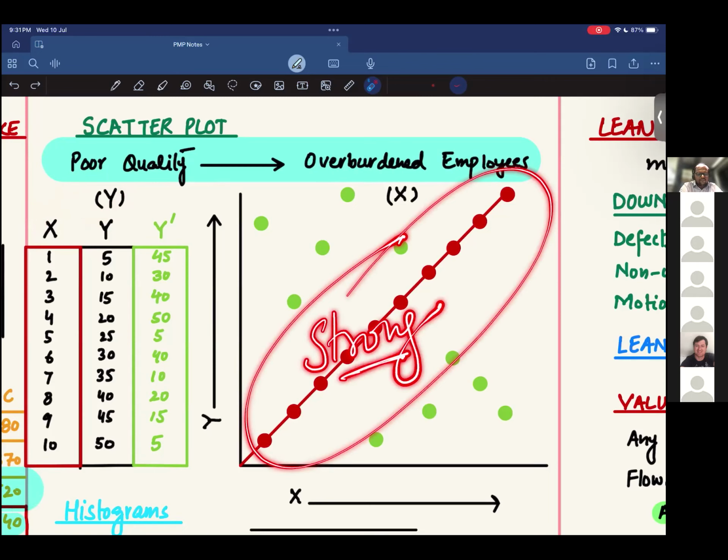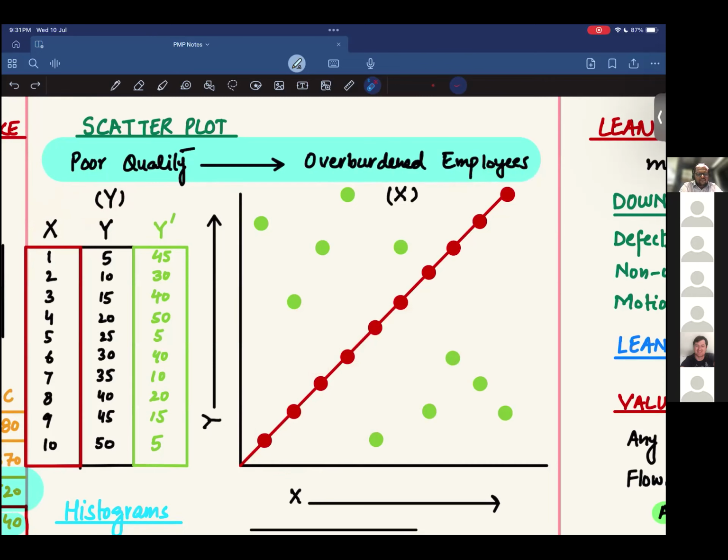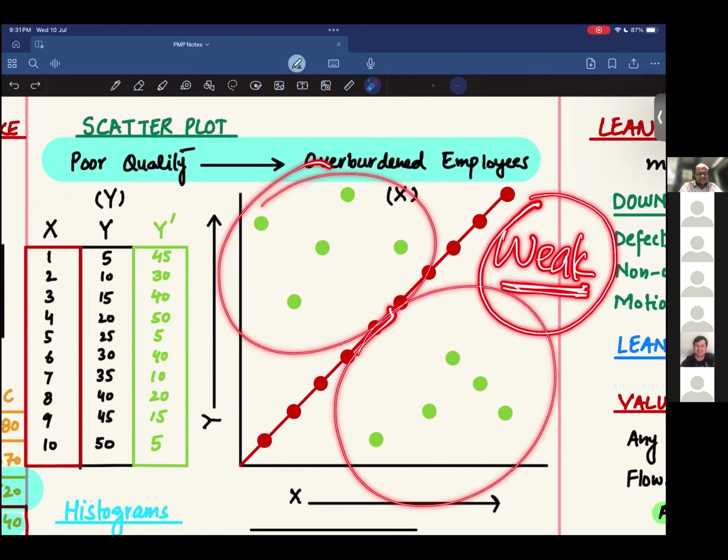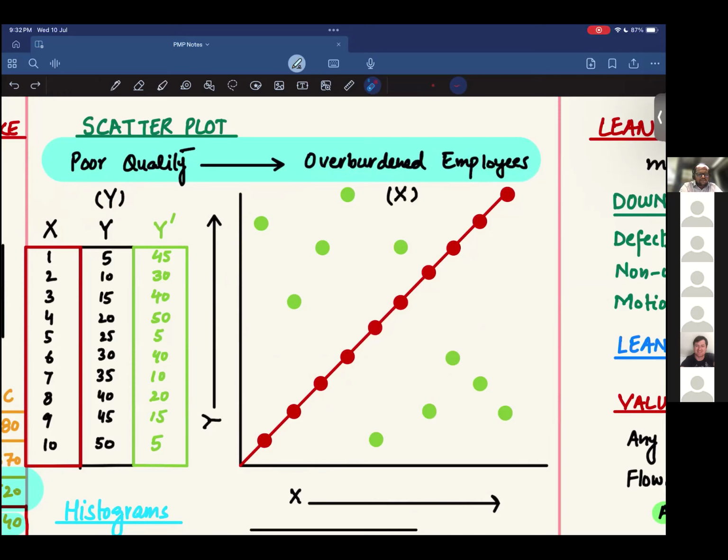As you can see in case of red dots, they are linear, which indicates a strong relationship. If points are scattered all over, as in case of green dots, it indicates a weak relationship. So to mathematically substantiate the relationship between two variables, we plot a scatter plot, right? Again, it's not a column chart, it's not a bar chart, it doesn't talk about the number of times a process is non-compliant, so this can't be the right answer, okay?